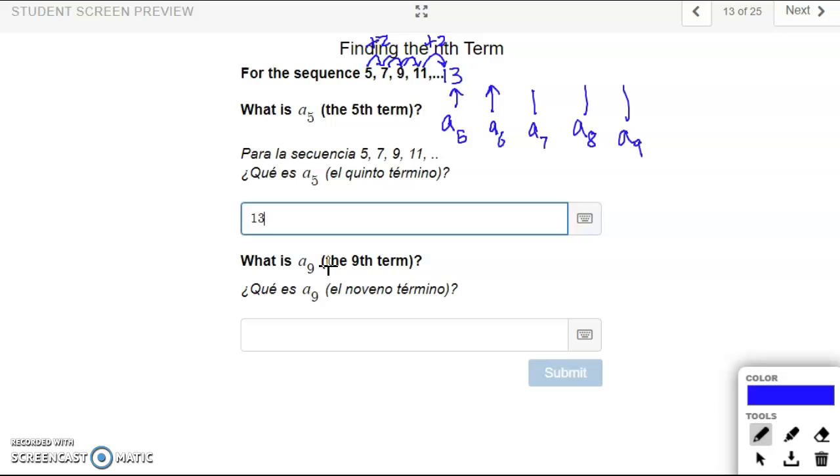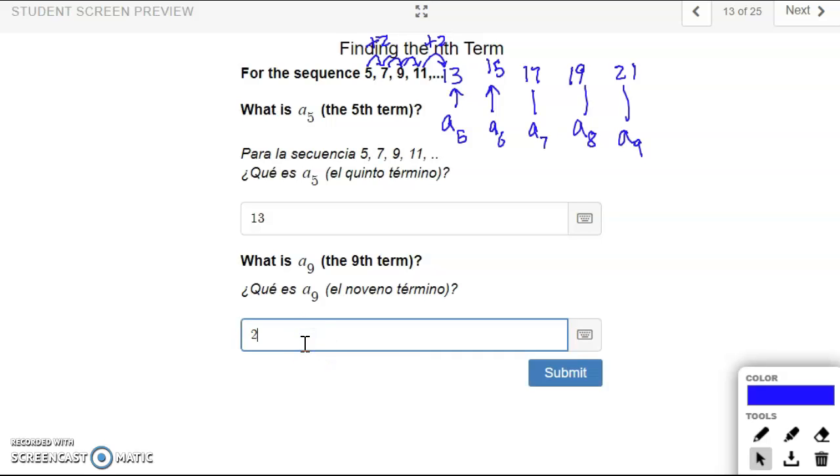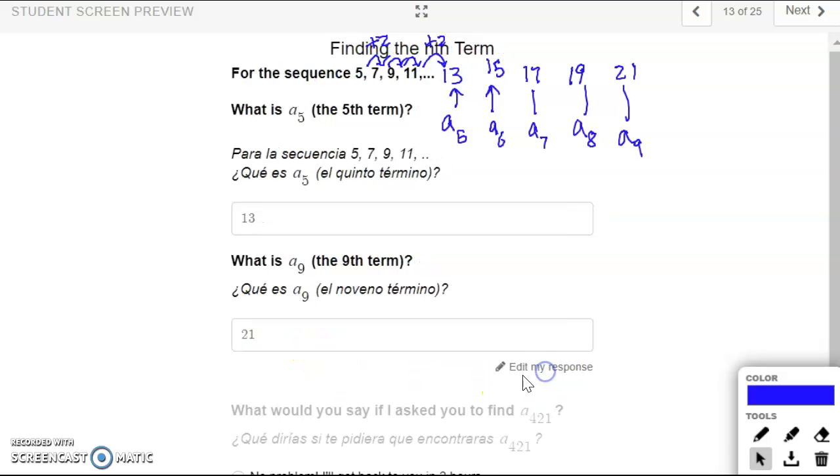That's the ninth term. If I add another 2 to 13, I get 15, another 2, 17, another 2, 19, another 2, 21. So a sub 9 is going to be 21. Okay, and I'm going to submit.